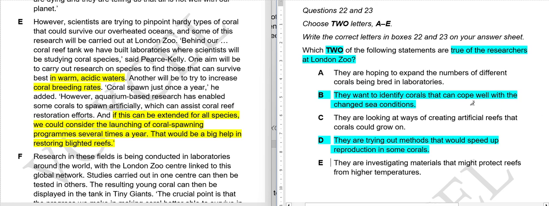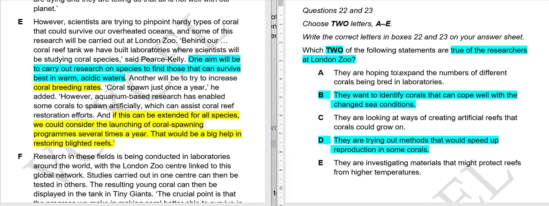Here, option B is saying they want to identify corals that can cope well with change. So here they are saying one aim is to carry out research on the species to find ones that can live safely in warm and acidic waters.